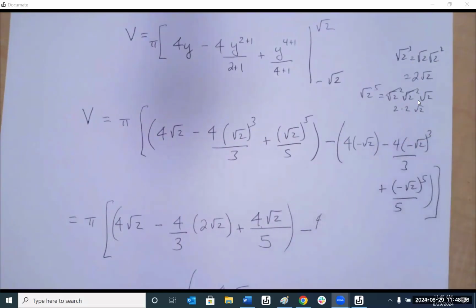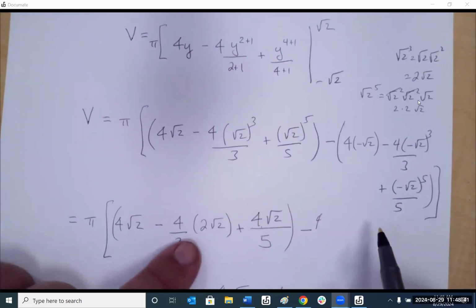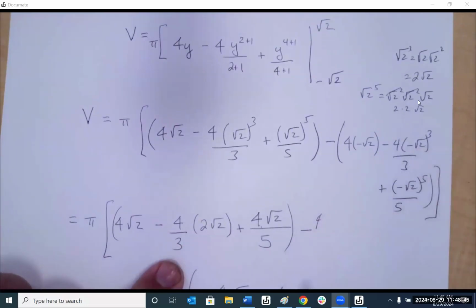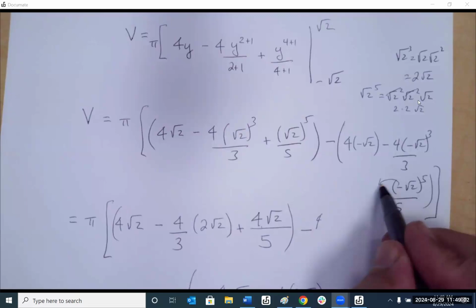It's an odd power, so it becomes a plus 4. It's going to be the same thing over here. It's going to be 2 radical 2 over 3. It's going to be an odd, so it's 4 radical 2 over 5. That negative comes out here.